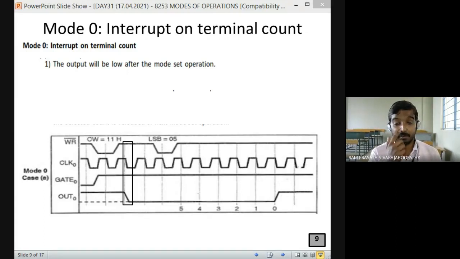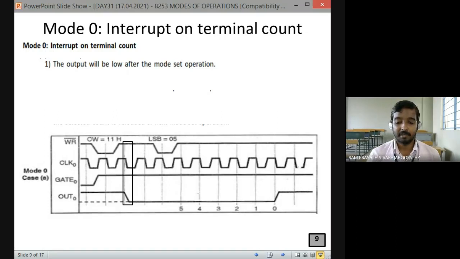Here we are speaking about the counter 0 configured in mode 0 as a BCD counter. What about the read or load method? Whether we are going to write only higher byte? Yes, only LSB we are going to write. Correct? Out of the 16-bit count value, only the lower byte we are going to write.